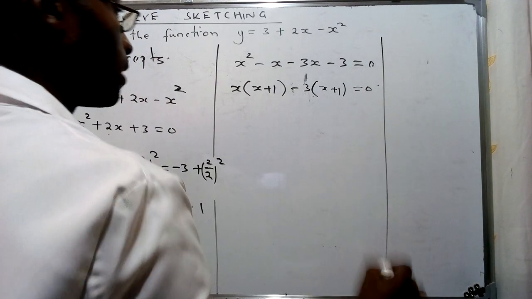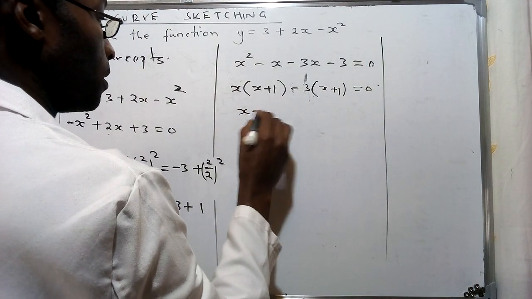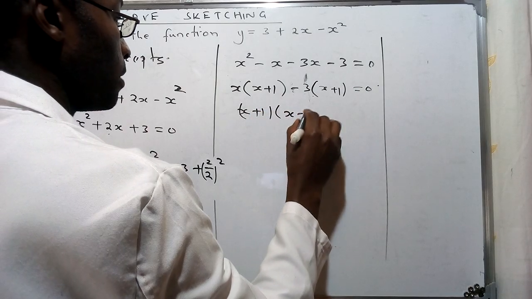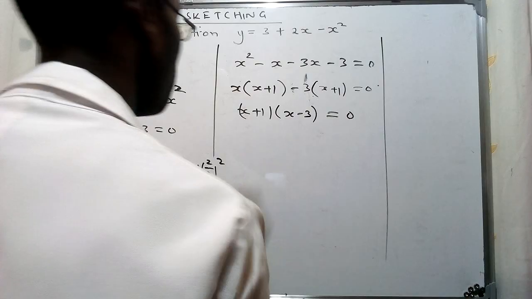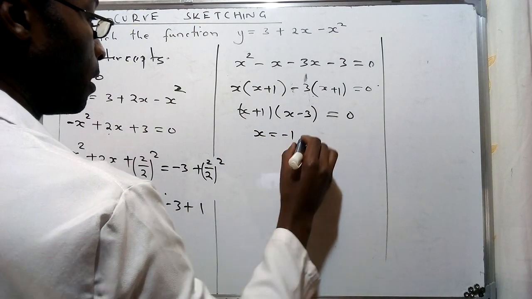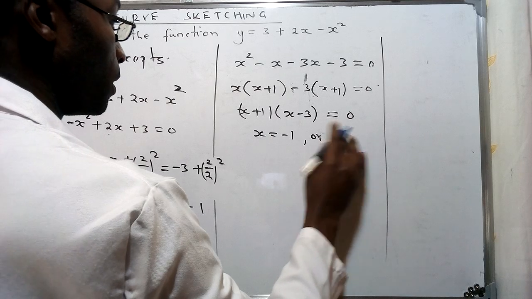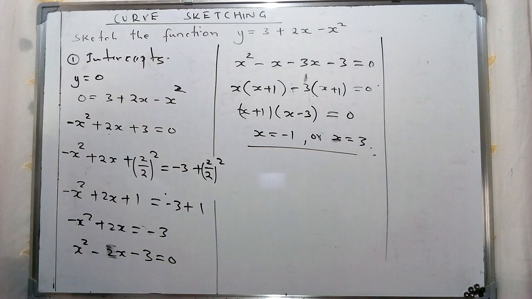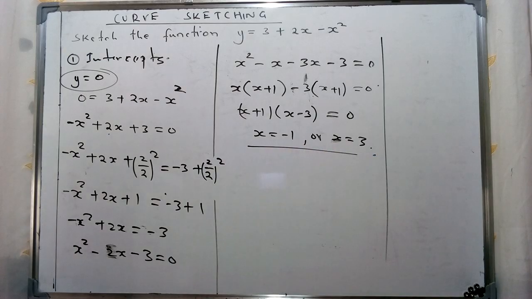So we're going to take x plus 1 and x minus 3 as the factors of this particular equation, giving us the value of x equivalent to negative 1 or positive 3. So we are going to see that for an intercept where y is equivalent to 0, that gives us these two specific values.